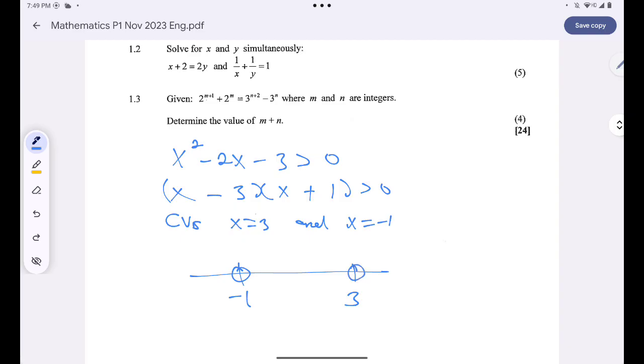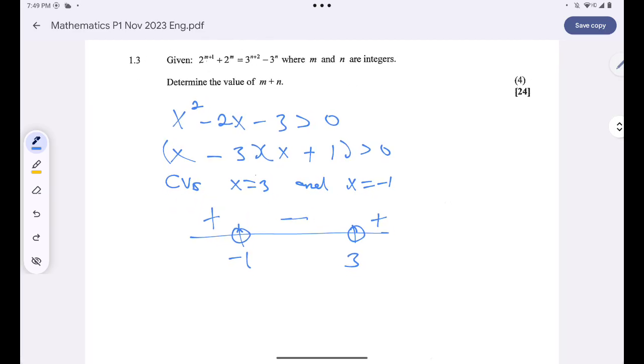Are you together? And then I must check whether the numbers in front of x are both positive or both negative, right? The numbers in front of x are positive 1 and positive 1, so they have the same sign. So I will have a plus here, a minus, and a plus there.